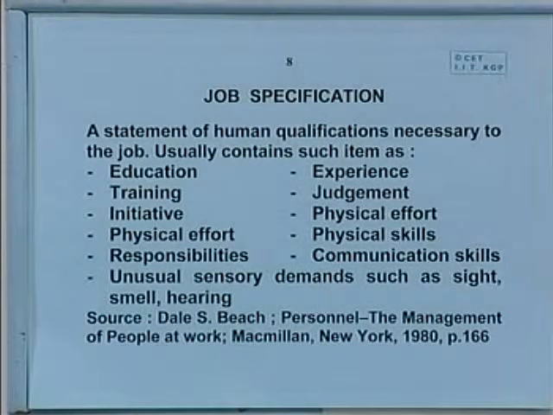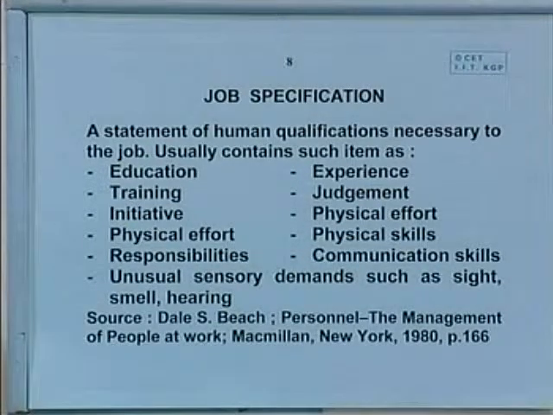Usually contains such items as education, experience, training, judgment, initiative, physical effort, physical skills, responsibilities, communication skills, unusual sensory demands such as sight, smell, hearing. Any questions here? Unusual sensory demands.